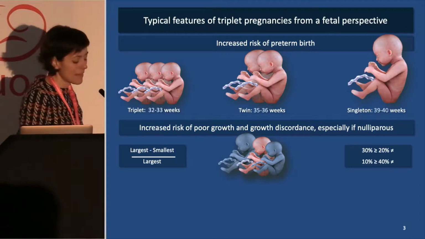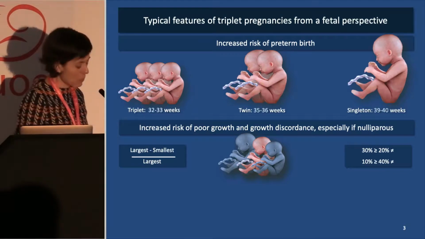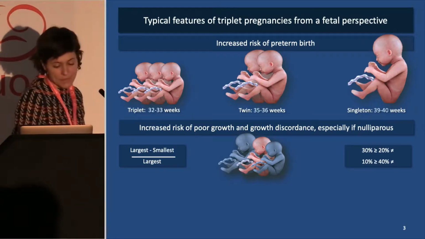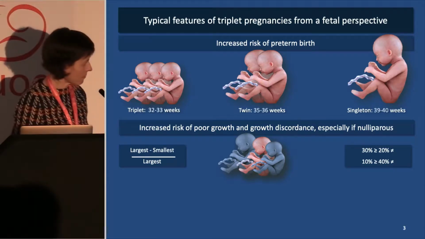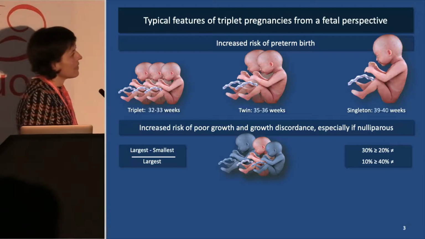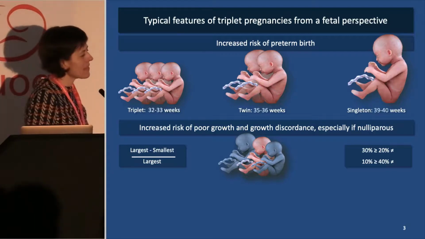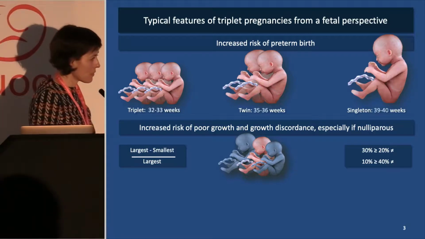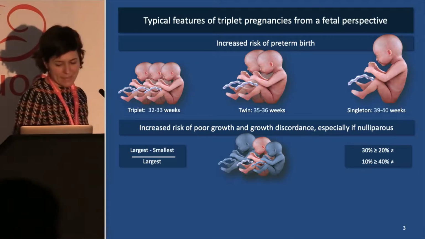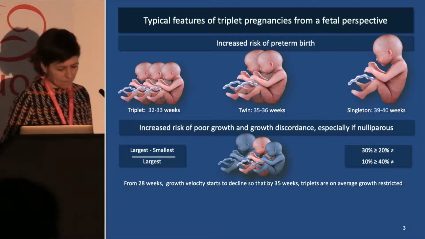And in about 1 in 10 triplet pregnancies, there's even more than 40% difference between the bigger and the smaller triplet. And it shows that if it's a first pregnancy, it's very difficult for the womb to accommodate 3 babies at the same time.